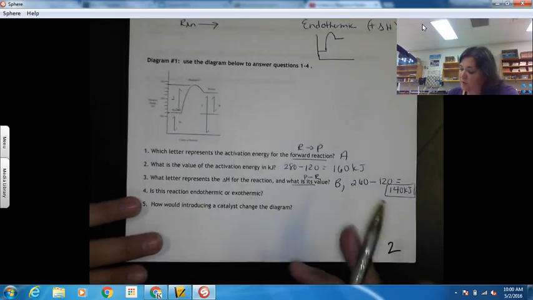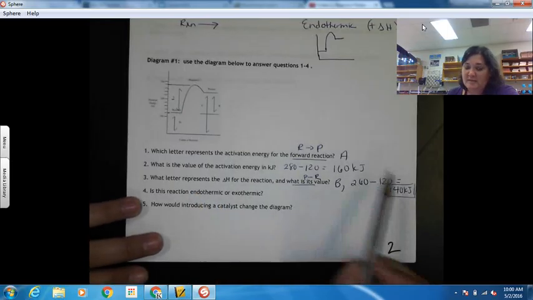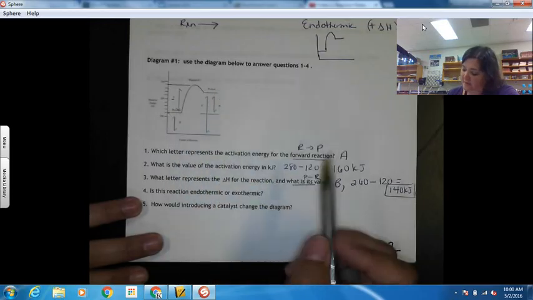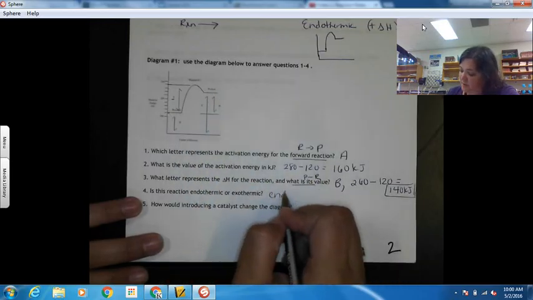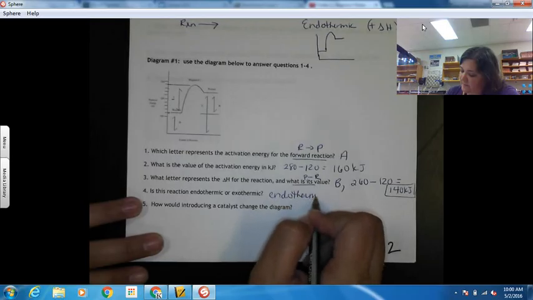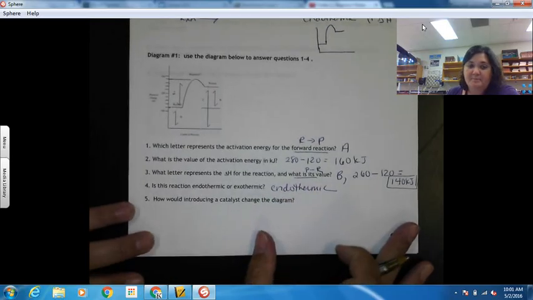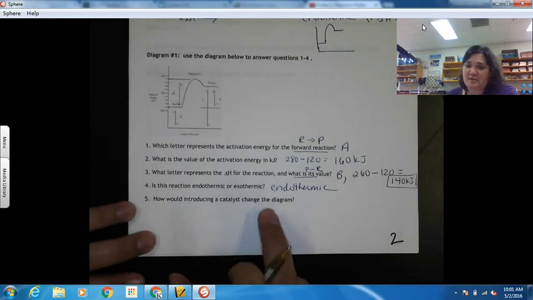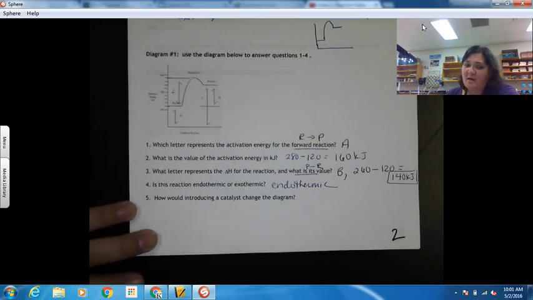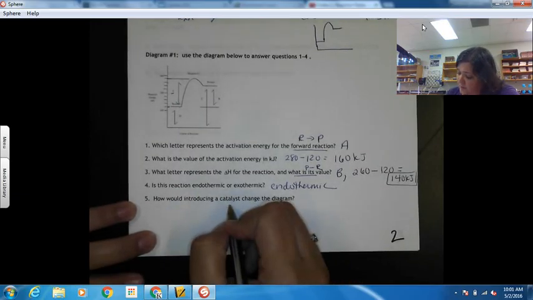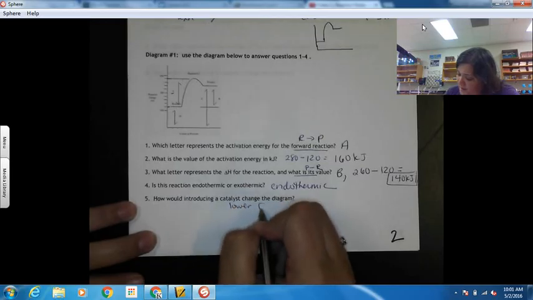Now, is it endothermic or exothermic? Well, two ways we know that. Our delta H is positive, and our products are higher than our reactants. That makes it endothermic. And then how would introducing a catalyst change the diagram? Well, in the previous lesson we learned that the catalyst lowers the activation energy.